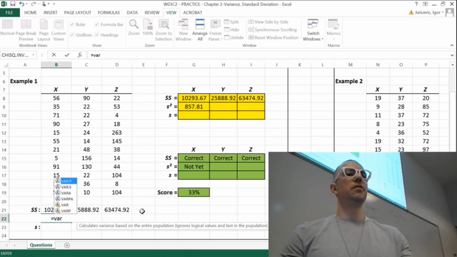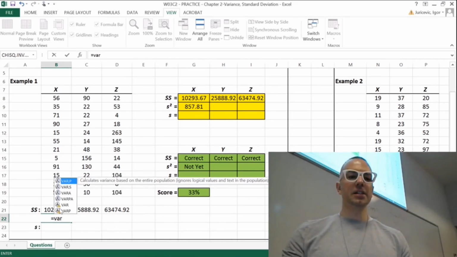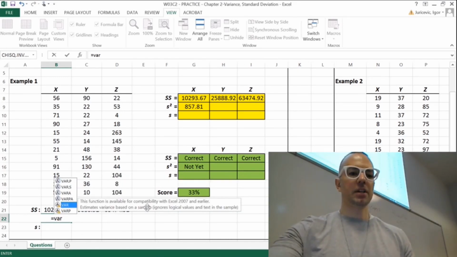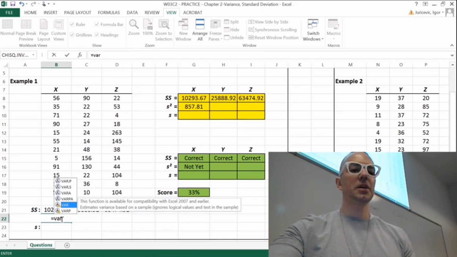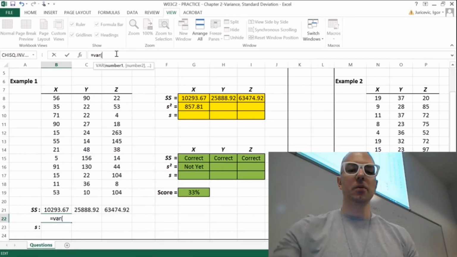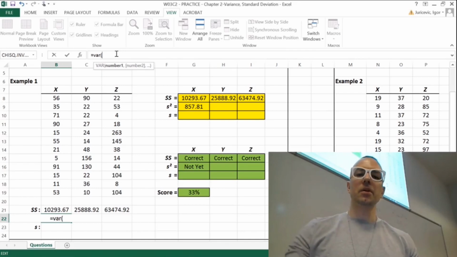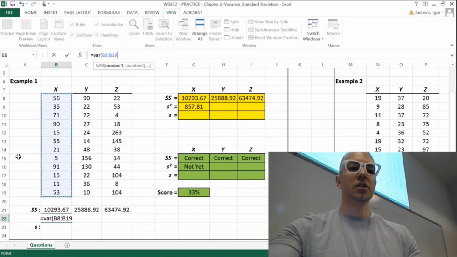So just var, just variance, calculates the variance based on, if you look down here at the var one, this function is available for compatibility, it's backwards compatible, and estimates variance based on a sample. So just var alone is the one that we're going to use because it's the most backwards compatible. Just var alone calculates sample variance. So you can use either one, var.S or just var alone.